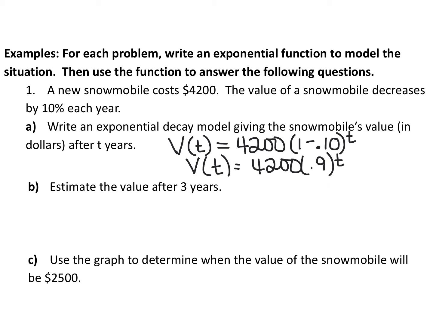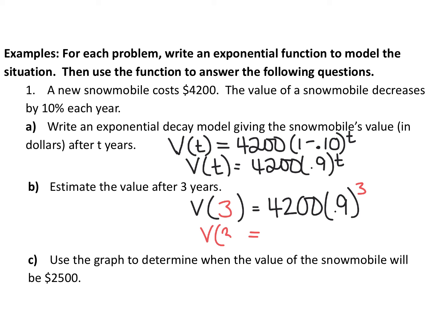We're going to use this to estimate the value after 3 years, which means I'm plugging in 3 everywhere there is a t. I type this into my calculator, and I get that V of 3 is $3,061.80 to the nearest penny.